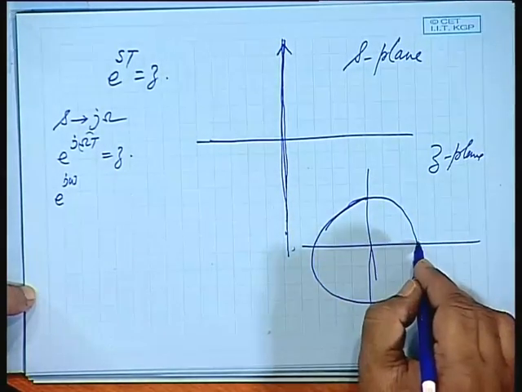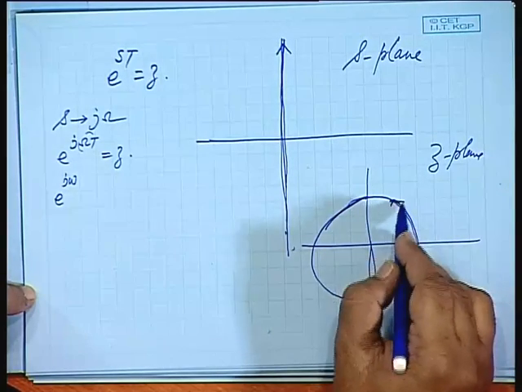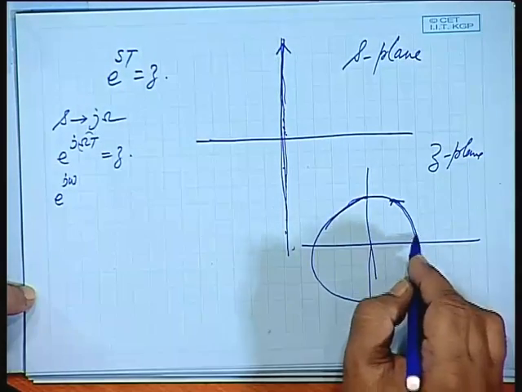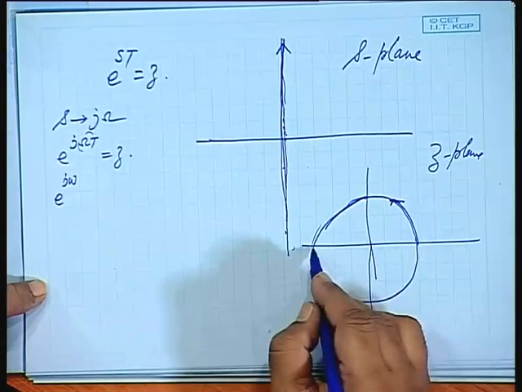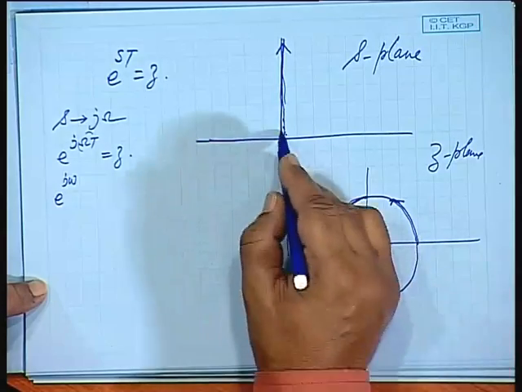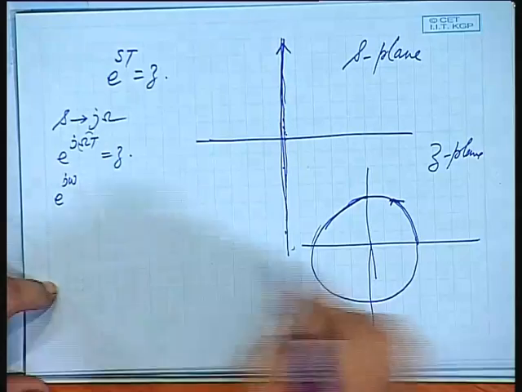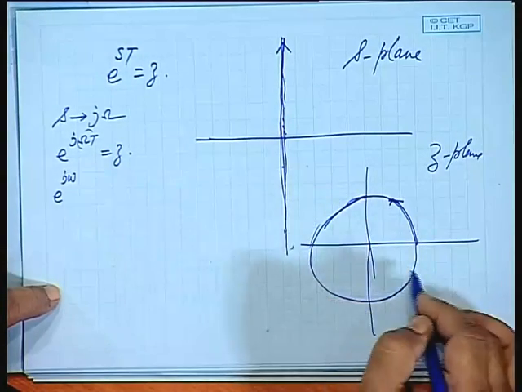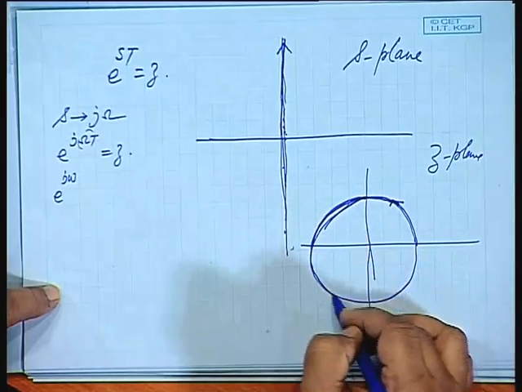So, we are travelling along this with different values of omega here, okay. This is 0 to minus infinity, and this is 0 to plus infinity. So, the entire imaginary axis is mapped here on this circle.